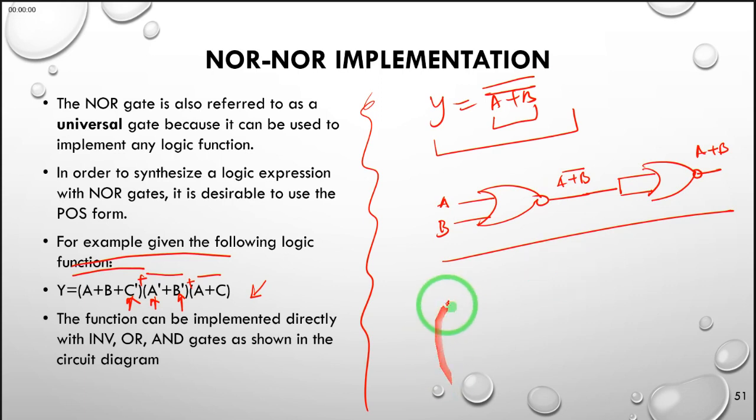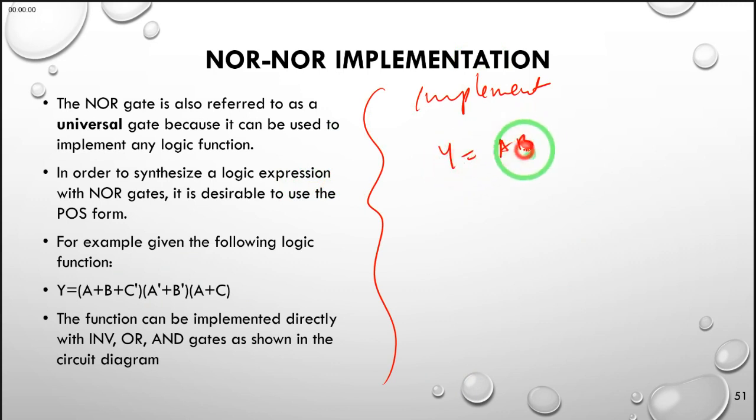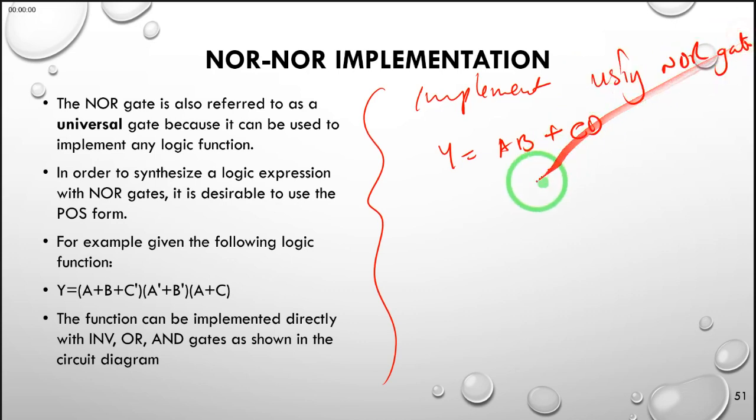Maybe I should give you another example. Implement y equals ab plus cd using NOR gates only. This is very simple. Introduce double bar to every product so that you can now break this line and change the sign.